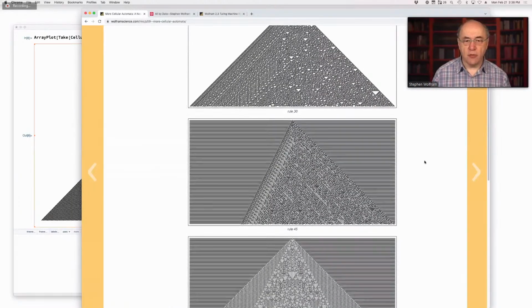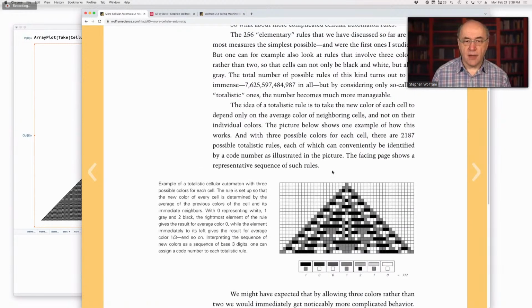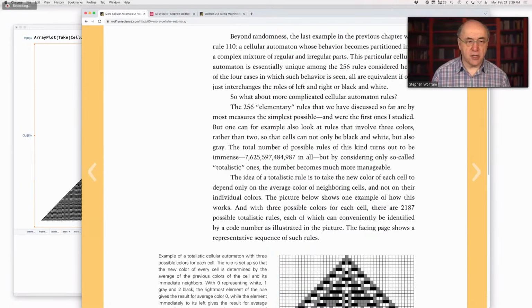Okay, so those are the elementary rules that have this feature of kind of simple initial condition, very complicated behavior. I then started asking the question, well, what happens if you go beyond the elementary rules? What happens if you, for example, don't have just 2 colors for each cell, but have 3 colors for each cell? Or what happens if you go beyond nearest neighbors?